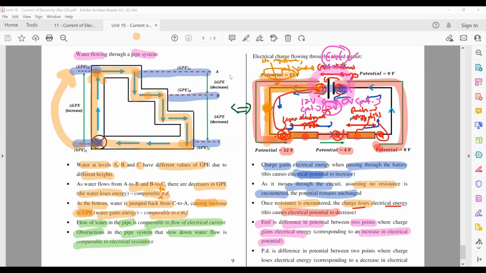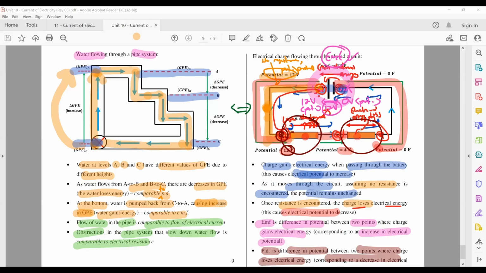The same thing could also be said for PD. PD is the difference in potential between 2 points where charge loses electrical energy, corresponding to a decrease in electrical potential. If you look at PD, that will be these portions here. When the charge was here, it was at a potential of 12 volts. But once it passed through the resistor, it lost electrical energy.